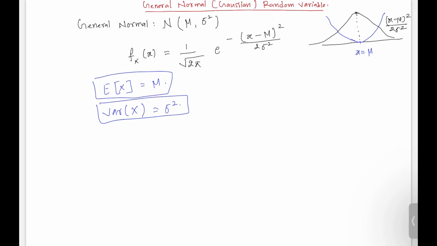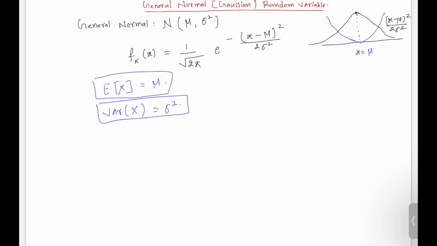So depending upon this value of mu, the bell curve will get shifted, right? If mu is here, then the bell curve will be symmetrical around this point, and depending upon this sigma, you will have a different shape of the bell curve.